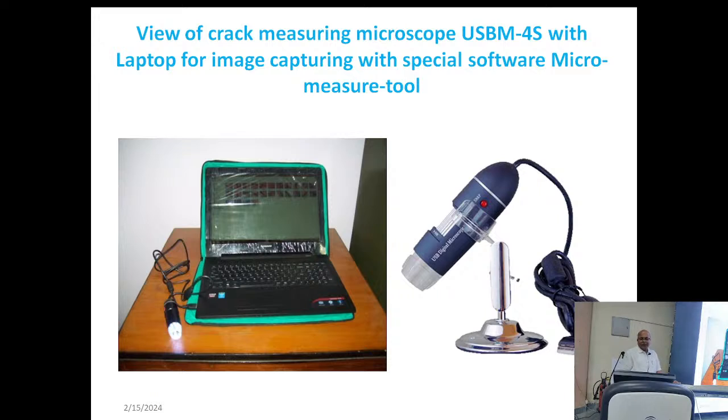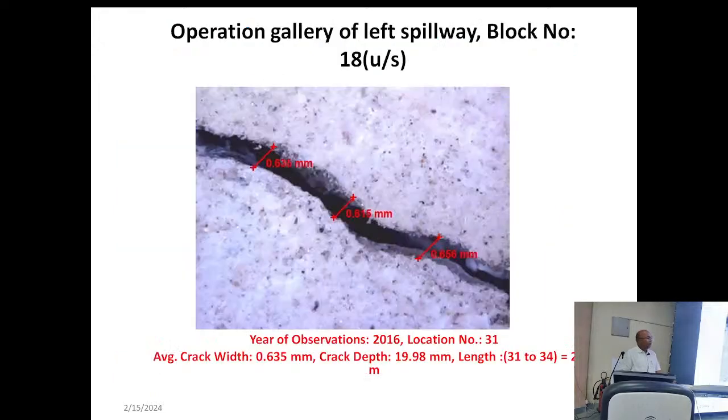Cameras are available, micro tools available, so we can measure that.